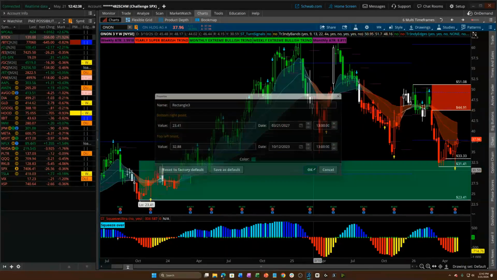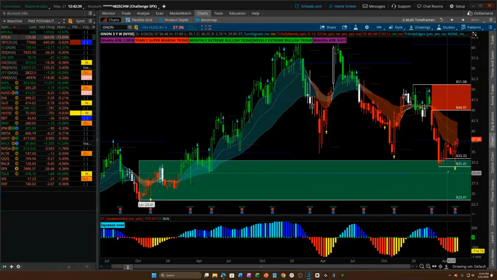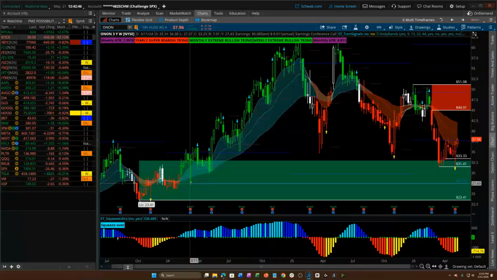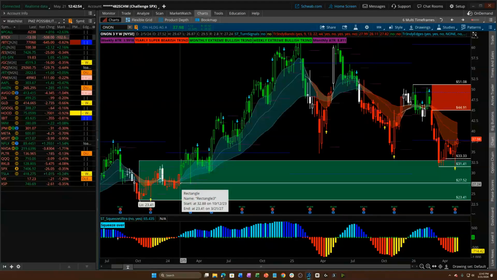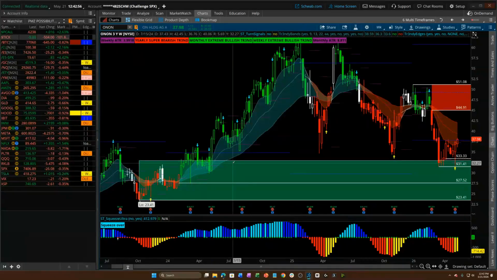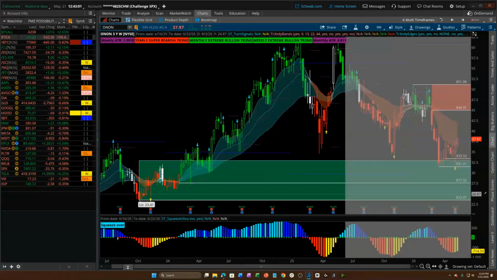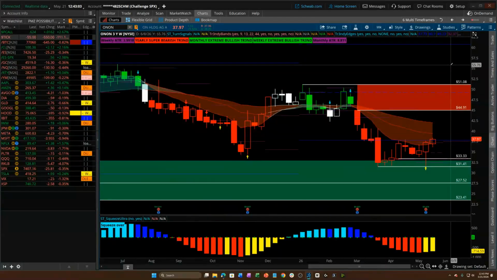I would have also drawn my zone too narrow and then missed the fact that I was still in demand. Now I'm going to mark this inside and up right here. I have an original one right there, I have one right here, and then the one right here. All right. So that gives me my demand zone.